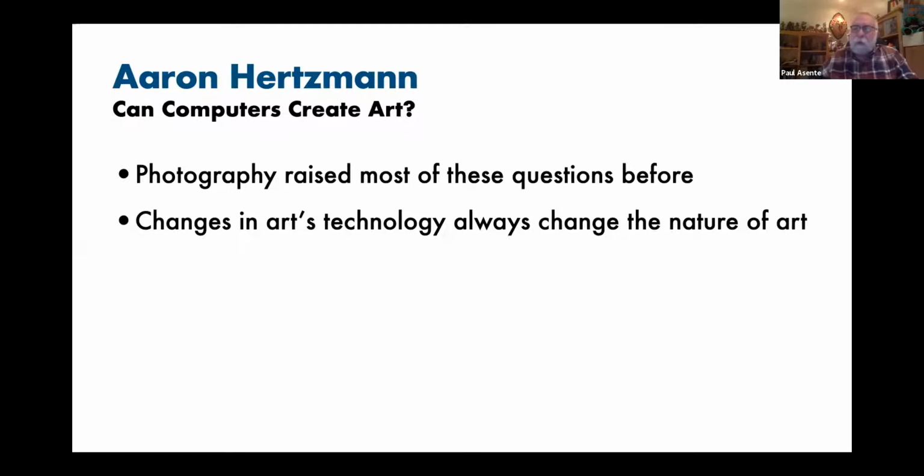And also that anytime you change the technology behind the art, whether the invention of oil paint or the ability of photography forcing people to go to a less realistic style of art, anytime the art technology changes, the art itself changes.